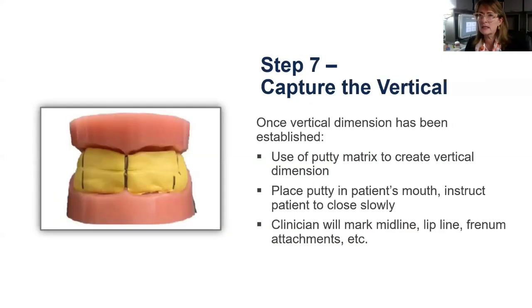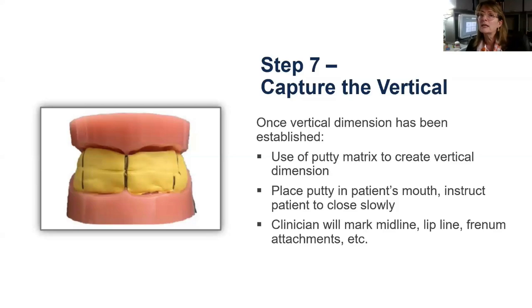This is the mush bite that I mentioned earlier, that most dental labs don't get super excited about. It can be done well, but it needs to be measured, right? It's there as a matrix. It's there for you to provide information to the laboratory, such as the last bullet point here, allowing the dentist to mark the midline.